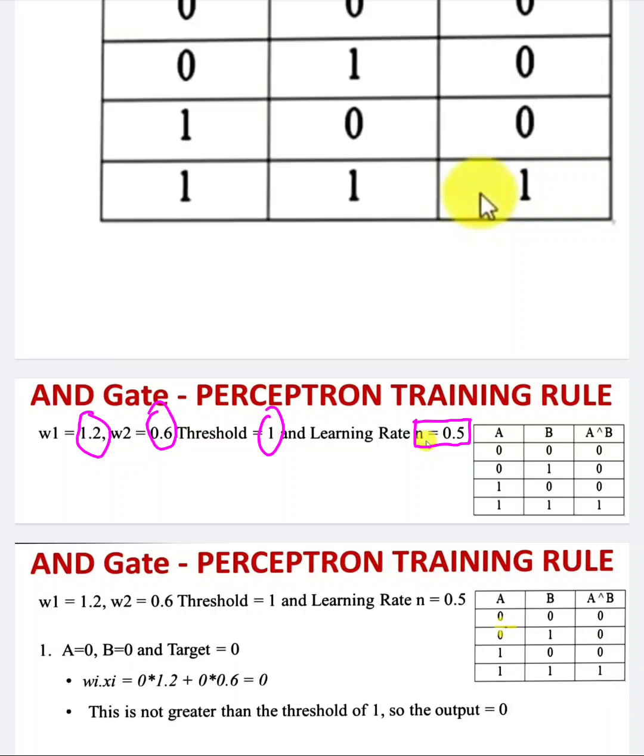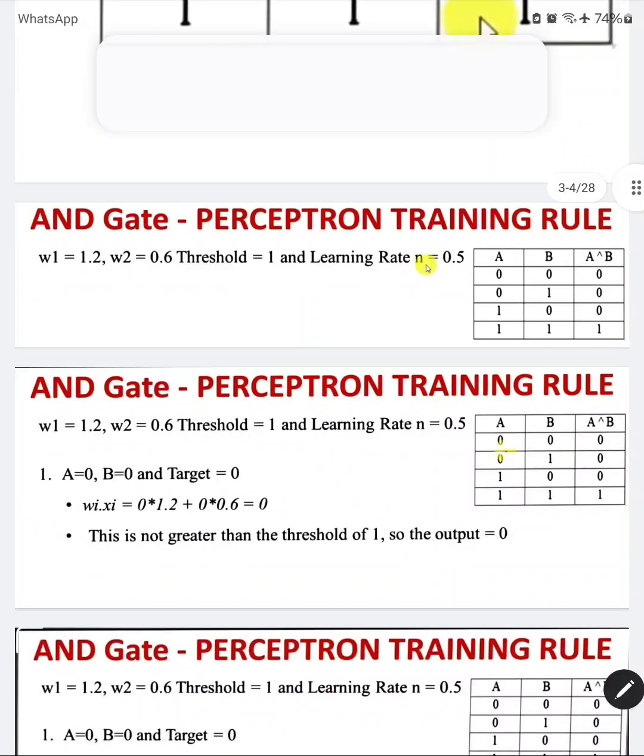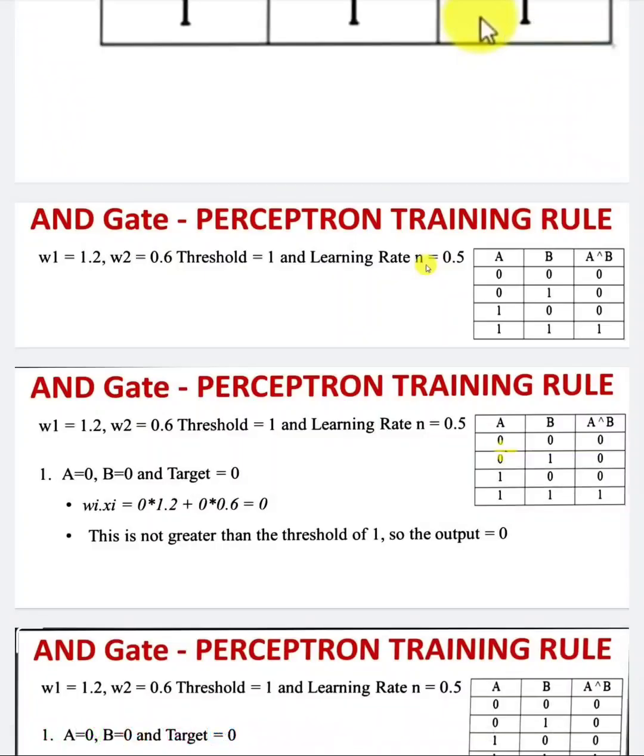Okay, so now we move to the values that we have to calculate, which is Wi into Xi. How do we calculate Wi Xi? Wi are the weights and Xi are the inputs. We have two basic inputs: the input A and the input B. For A we have the inputs 0 0 1 1.